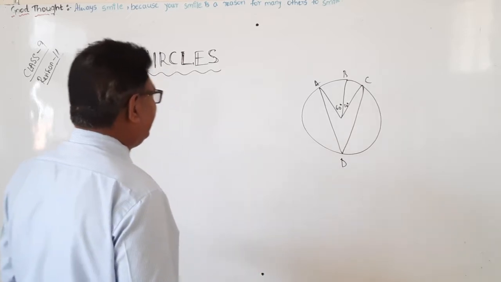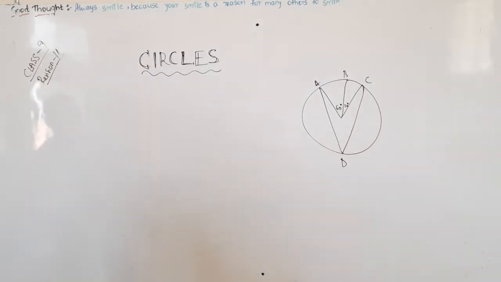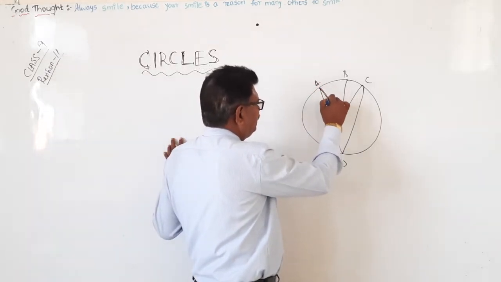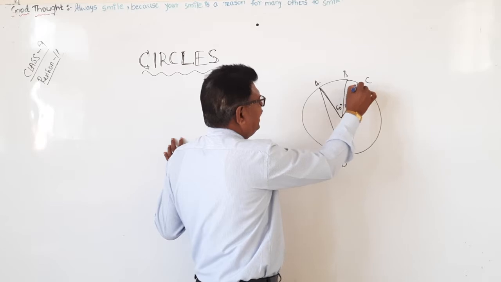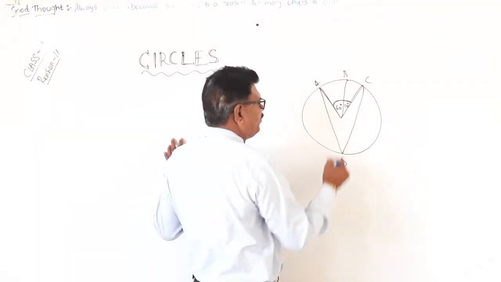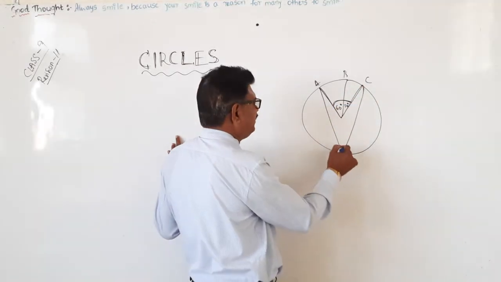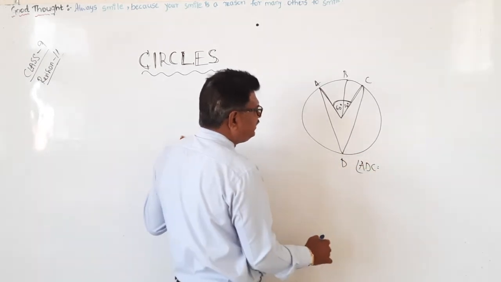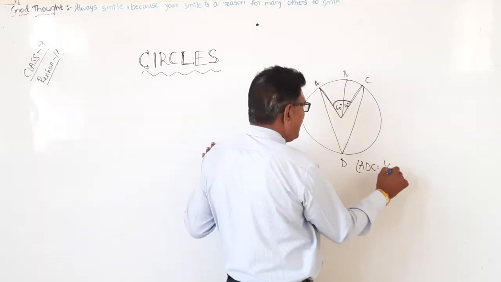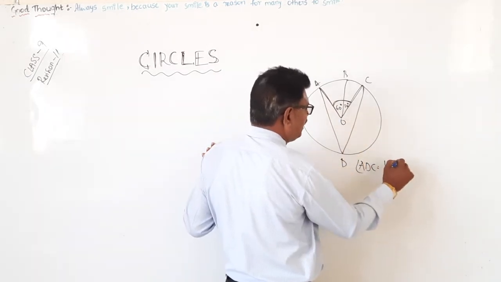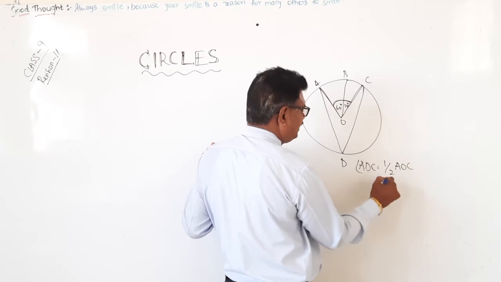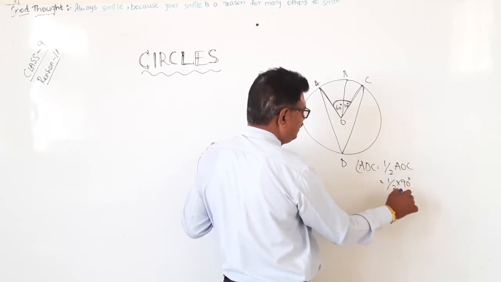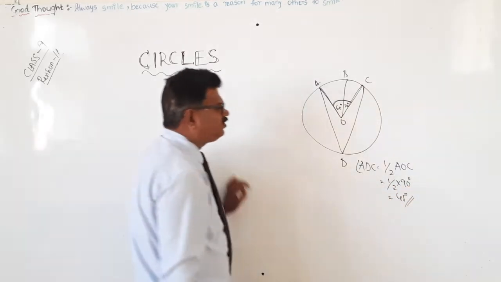Then find ADC. So we should find out the value of ADC. If you see here, it is the central angle. Total angle will be how much? It is 90 degrees. Then what about ADC? Angle ADC is nothing but half of AOC. Therefore, half of 90 is nothing but 45 degrees. So this much only answer.